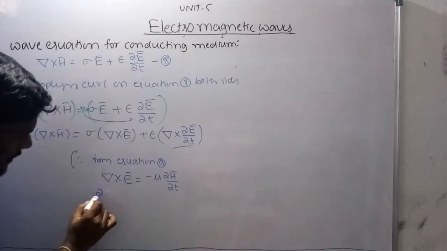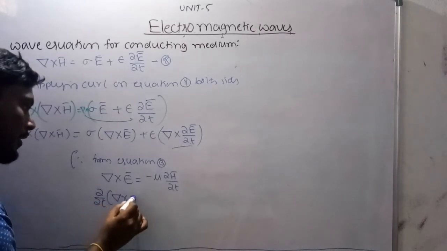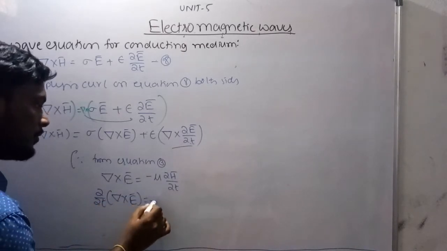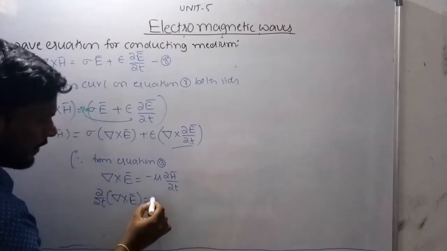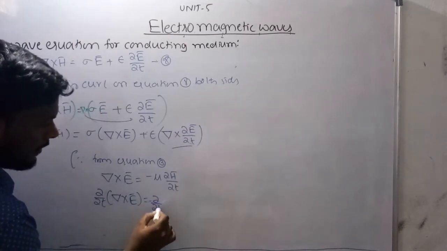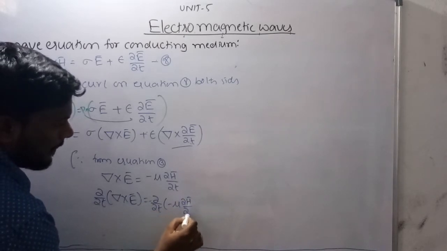Do the differentiation: dou by dou t of del cross E bar equals, applying the differentiation first, dou by dou t of minus mu times dou H bar by dou t.